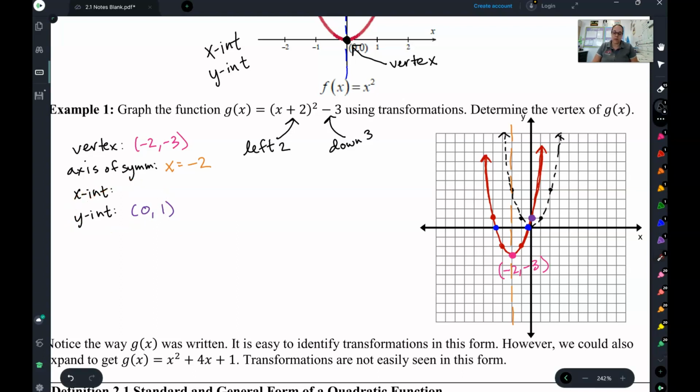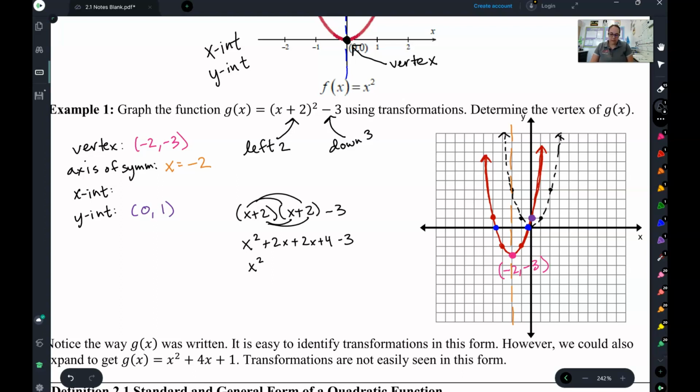So let's talk about standard form real quick. Standard form is if you take your vertex form and actually FOIL it all out, multiply it out. So I got my squared, times it by itself. Now we FOIL, we distribute. To get that.